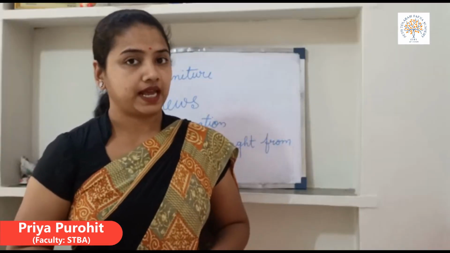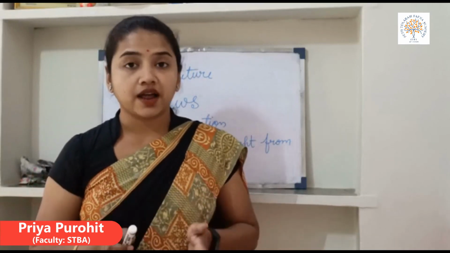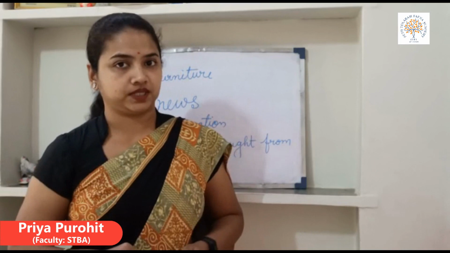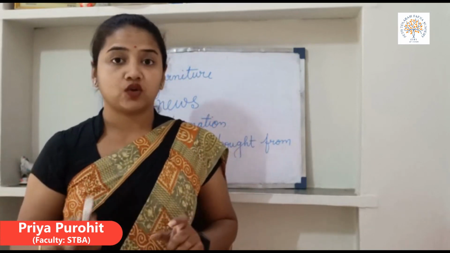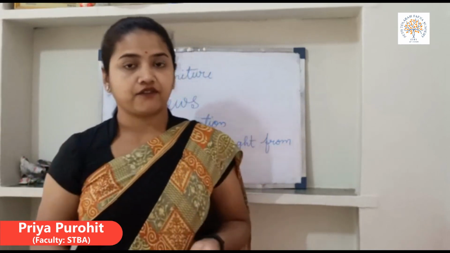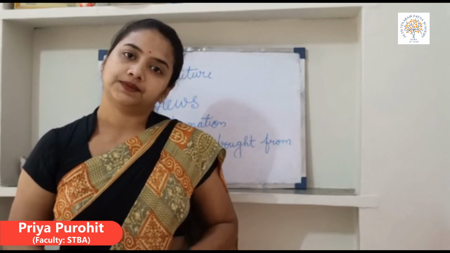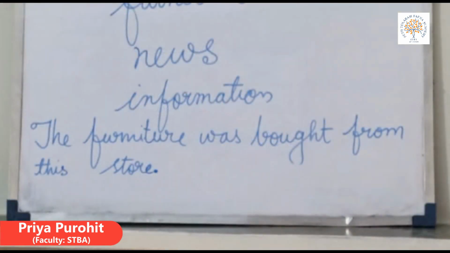Now coming to the next portion, there are some nouns which have only singular forms. Before, you learned that some words have only plural forms. Now a few words are only for singular forms. Examples are furniture. We can't say the plural form furnitures. It is wrong. Okay? Furniture. News.